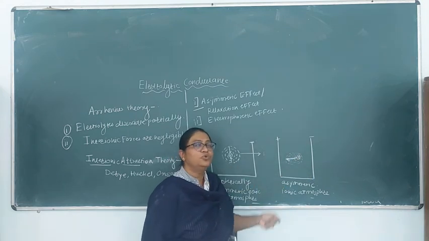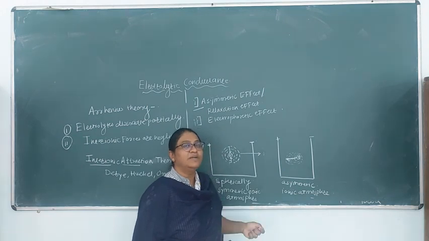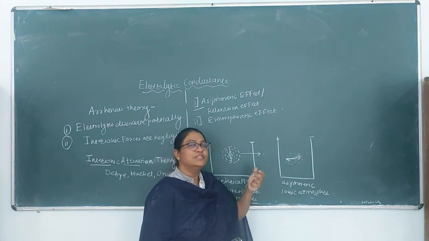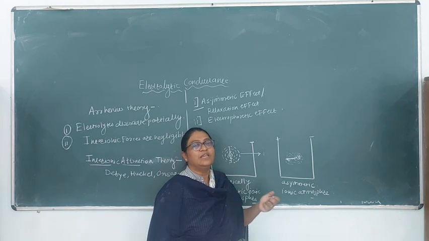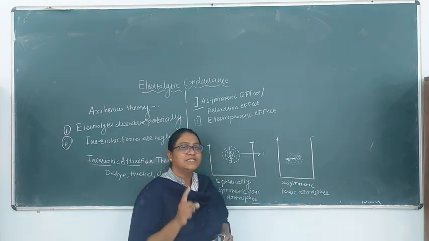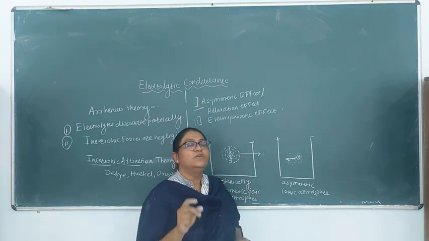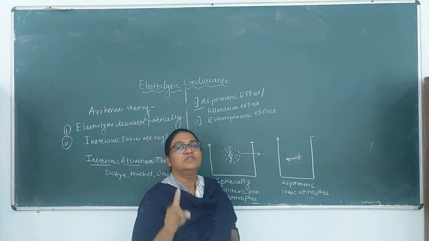So due to this net backward pull, the velocity or movement of the positive ion will slow down, and due to this slowdown there is a decrease in the conductance of the electrolyte. That means the net backward pull is responsible for slowing down the ion, which in turn decreases the conductance of the solution.